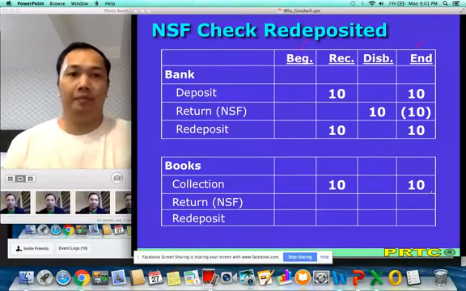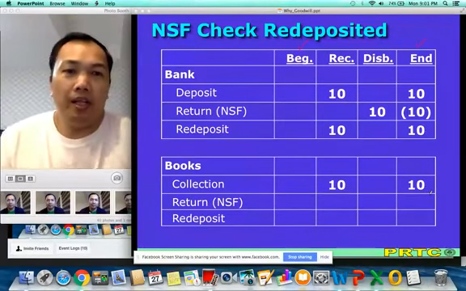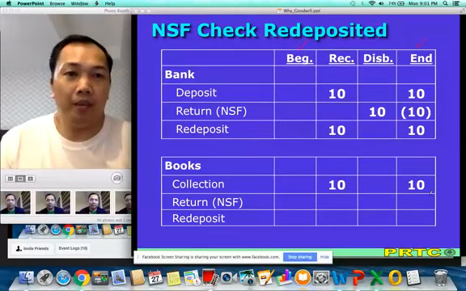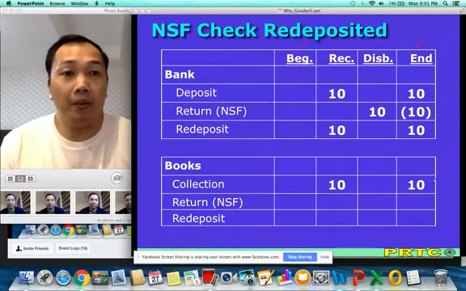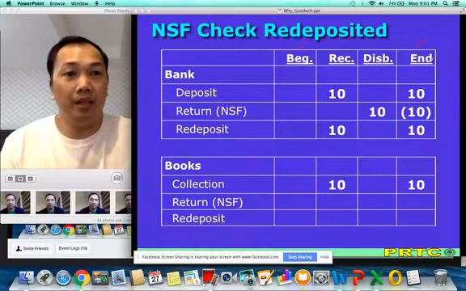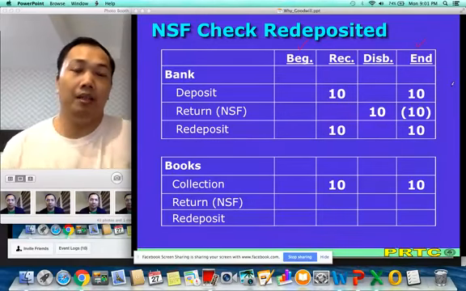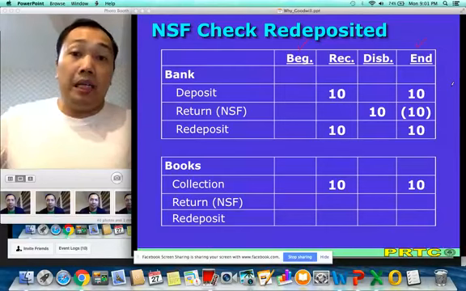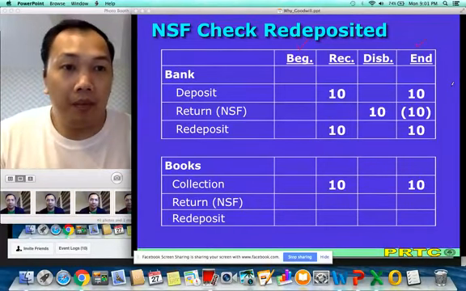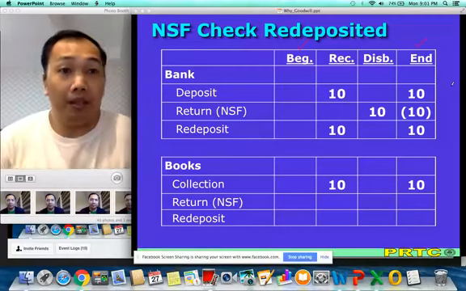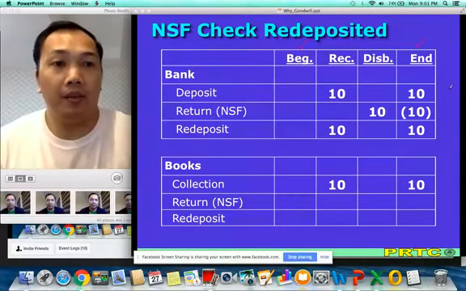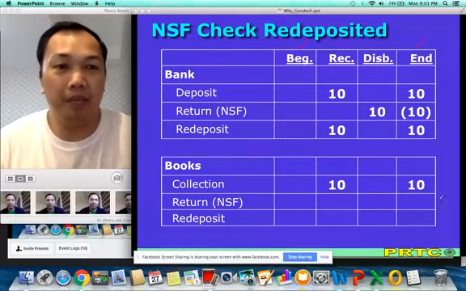Kaya nga actually, kung yan ay normal na bank recon lang, let's say bank recon as of December 31 of the current year, hindi na siya recon item kasi equal yung bank and books.